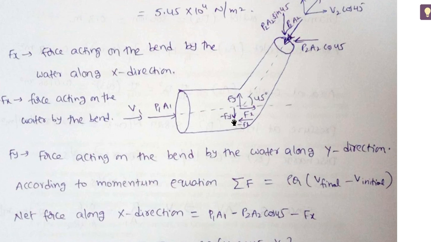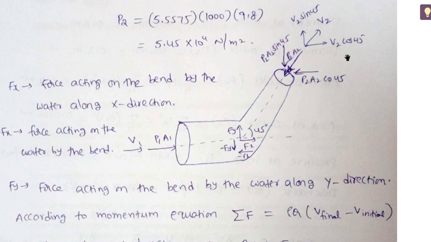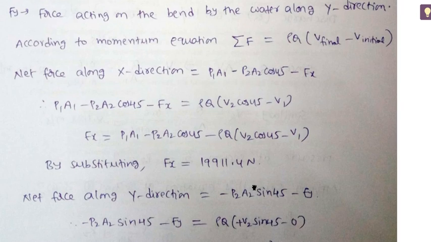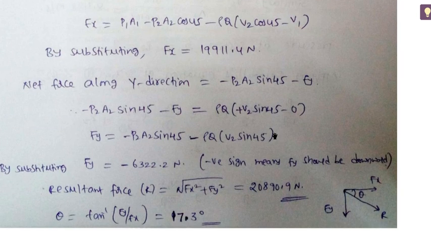So only these forces constitute the net force along the y direction, that equals rho into Q into final velocity along y direction, this is the final velocity along y direction, and initial velocity along y direction is 0 since the fluid is entering horizontally. This constitutes the momentum equation along y direction, this one. From this we can write Fy equals minus P2A2 sin 45 minus this term.